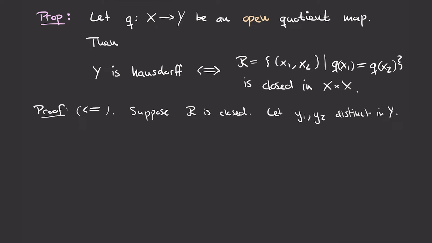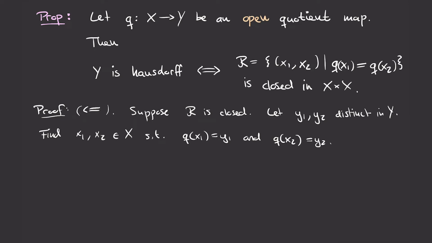Okay, so we're working with this quotient map, which goes from X to Y, and we know that this quotient map is surjective, which means that y1 and y2 will be the image of some point in X. So I'll write this like this: find x1 and x2 in X, such that q of x1 is equal to y1 and q of x2 is equal to y2. And just to repeat, this is possible in this case because q is a surjective map.